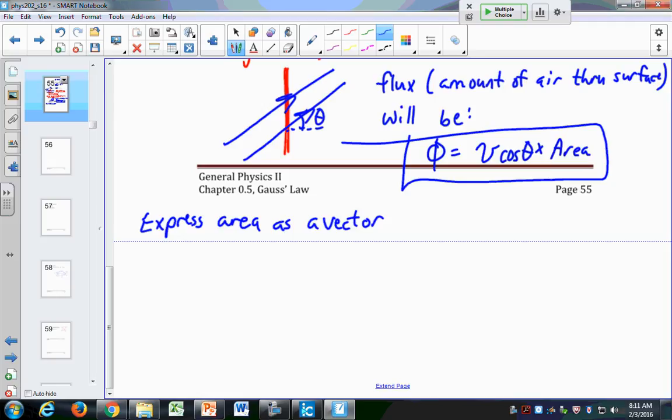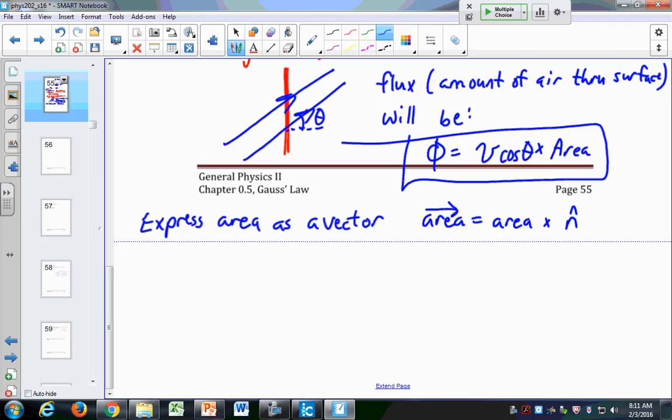So our area will equal the magnitude of the area times a vector. I'm going to call it n. N is a unit vector that's going to be perpendicular to the surface.